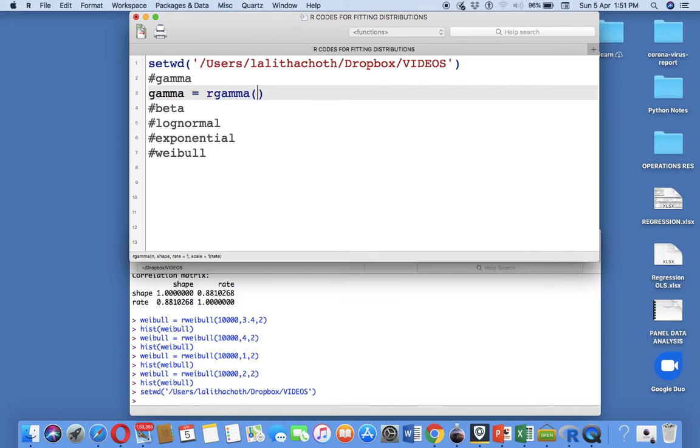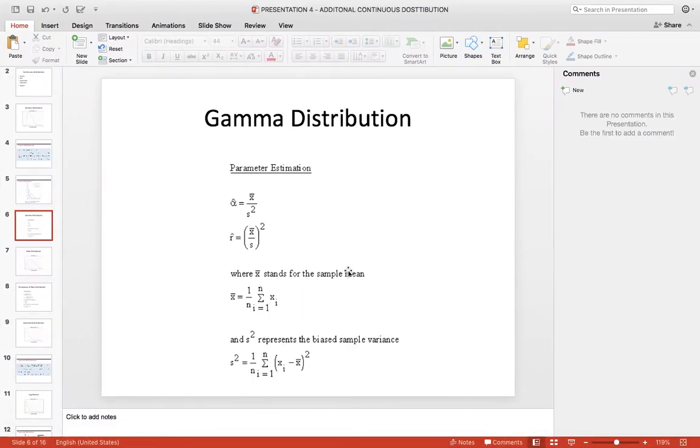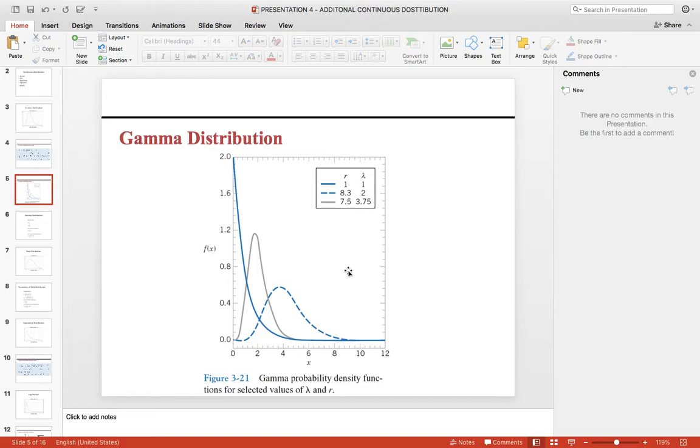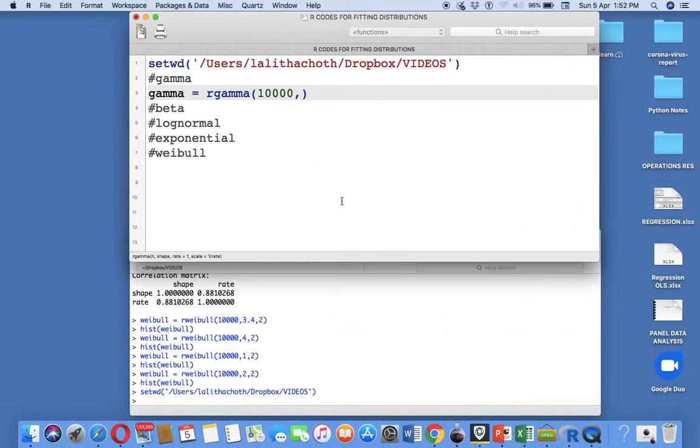It tells you how many values you want, and you just keep the same number, 10,000. And then the values of the parameters, alpha and r. For the time being, let us take the values from here. I'll take 7.5 as r and lambda as 3.75.